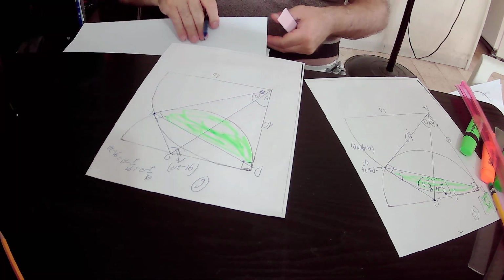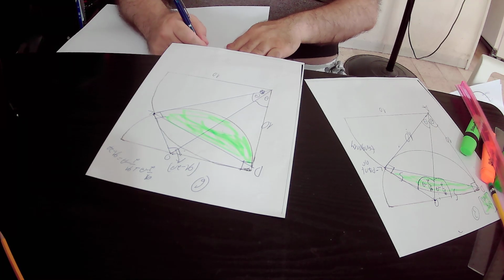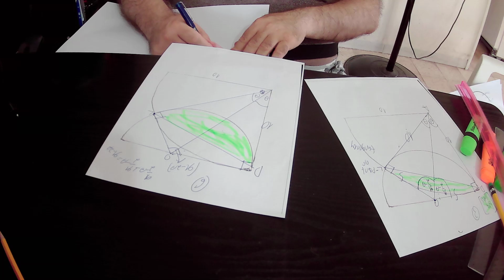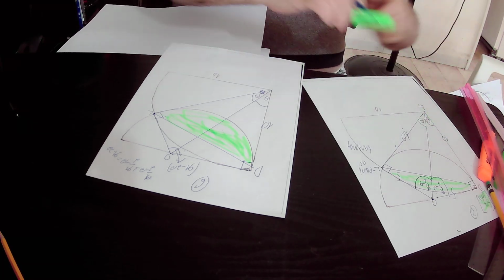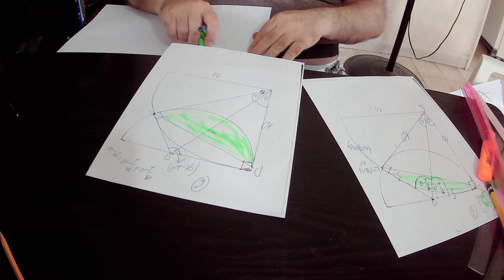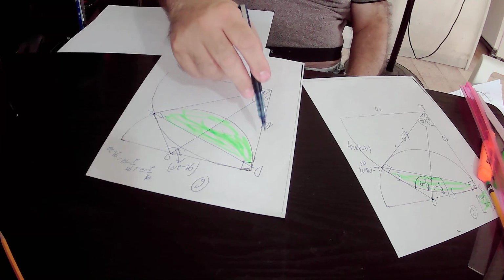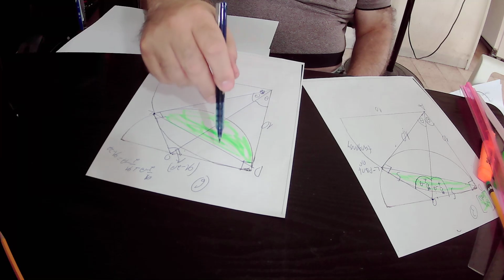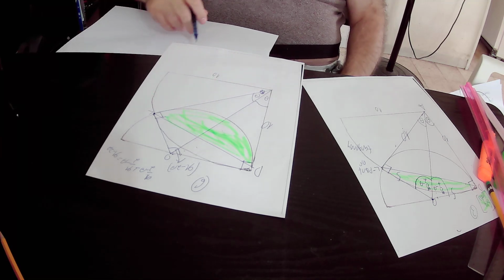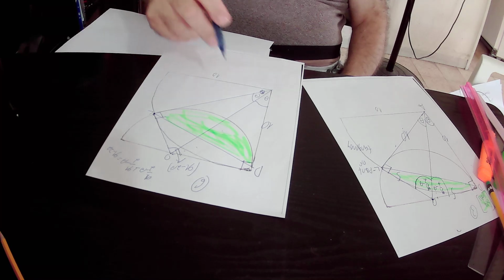The area of this lower circular segment DL will be equal to the area of sector DOL minus the area of triangle DOL.